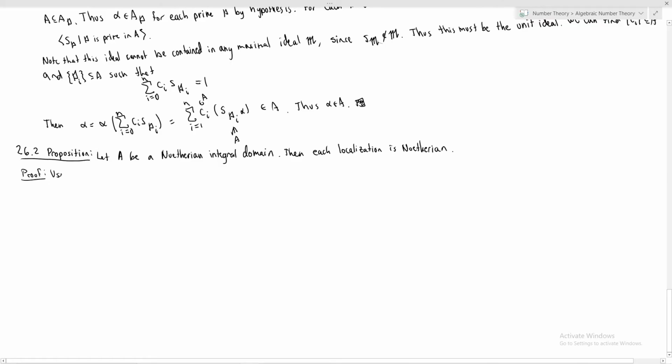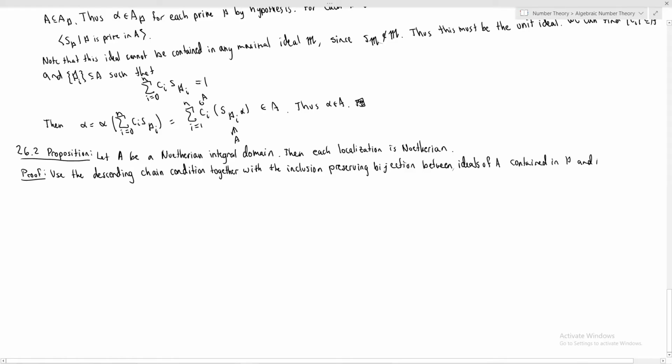Use the descending chain condition together with the inclusion preserving bijection between ideals of A contained in P and ideals of A localized at P. This is one of the fundamental facts about localizations.